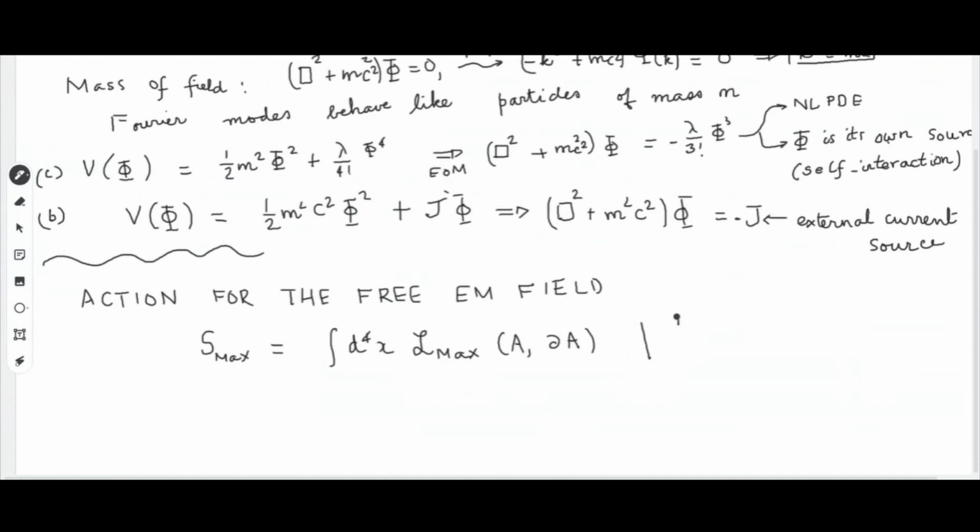So property 1, Lorentz invariant. Well, these are expectations which we have. And 2 is that it must be gauge invariant. We also know from our experience that it's invariant under parity.